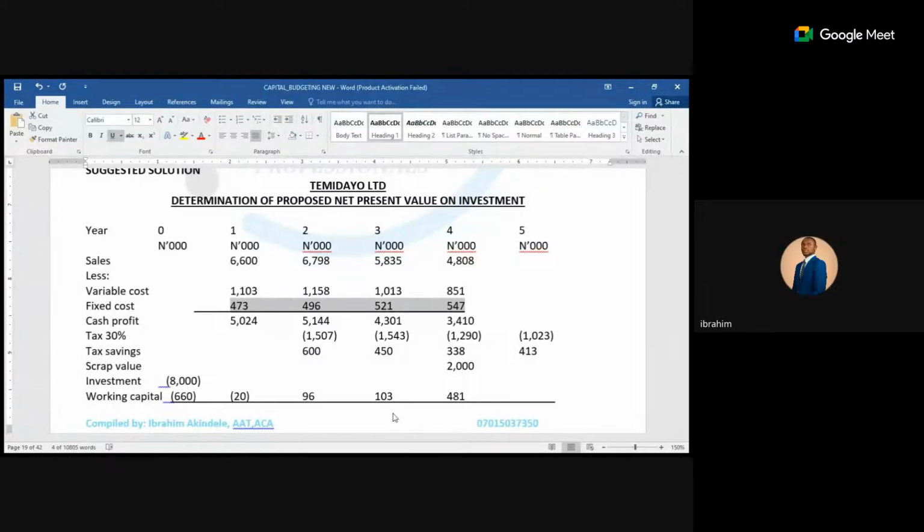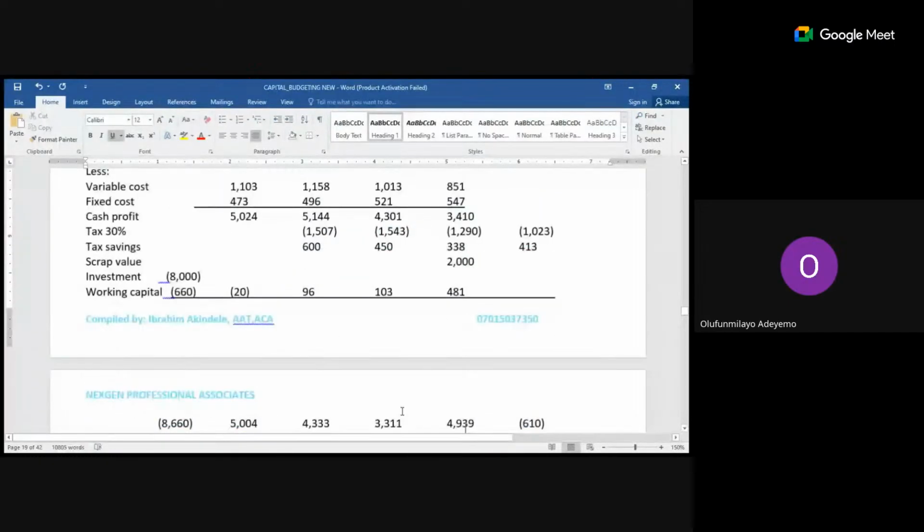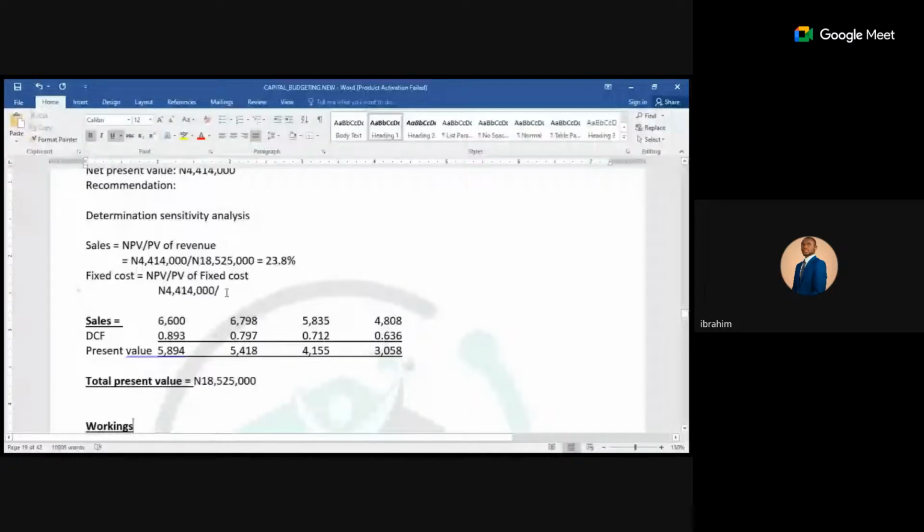2,037. Times the DCF from year 1 to 4. Do your annuity from year 1 to 4, or you can add all these things together. You can add 3.037.